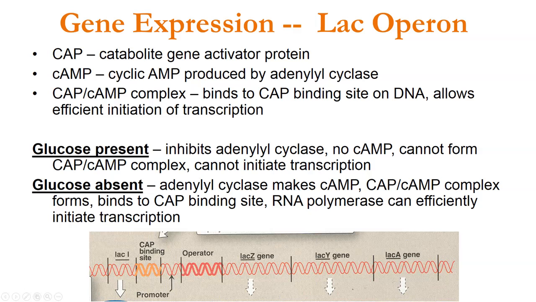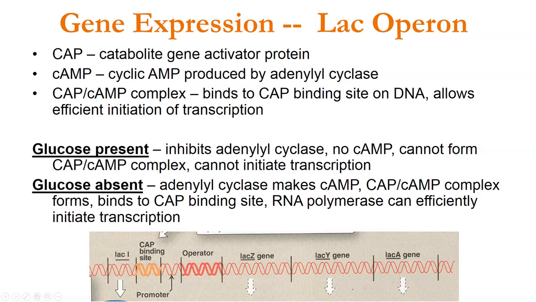So what happens is you need the CAP-cAMP complex bound there in order to efficiently initiate transcription. What I like to visualize in my head, my simple way of thinking about things, is that this needs to be there to kind of push that RNA polymerase forward. Okay, so that CAP-cAMP complex needs to anchor there to kind of shove that RNA polymerase forward.